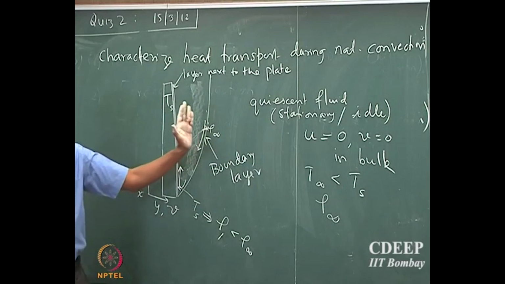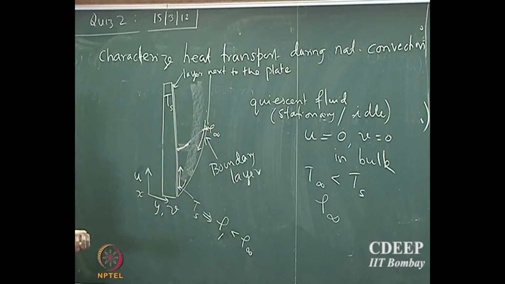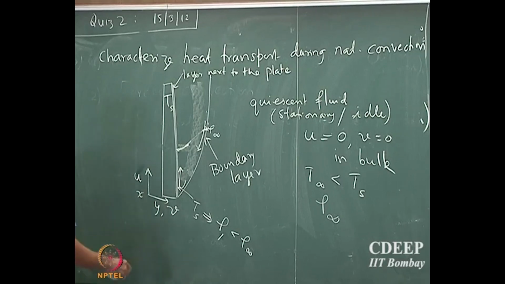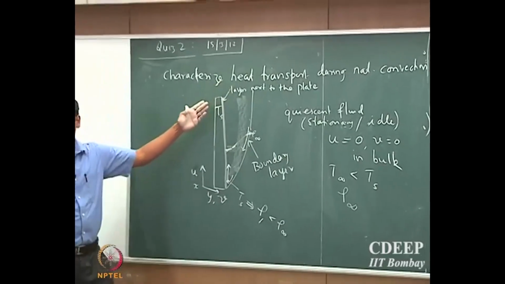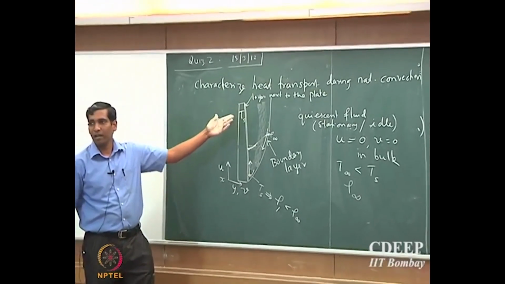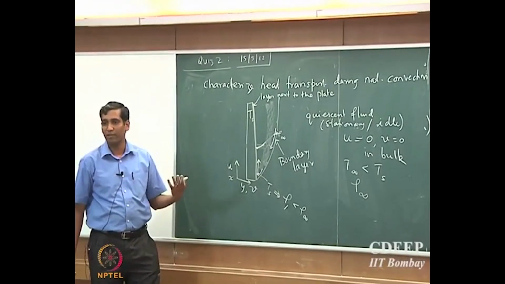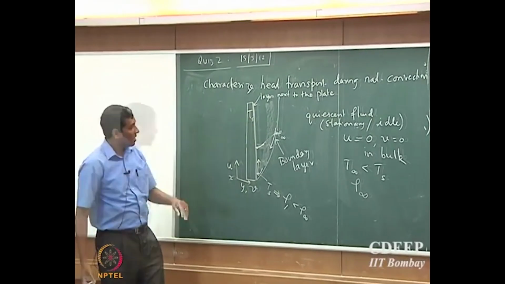And this boundary layer thickness is typically much smaller than the boundary layer thickness that you would get in a forced convection system. Therefore, we are going to see how to write these equations for this kind of problem and how to find the heat transport coefficient for this kind of problem.